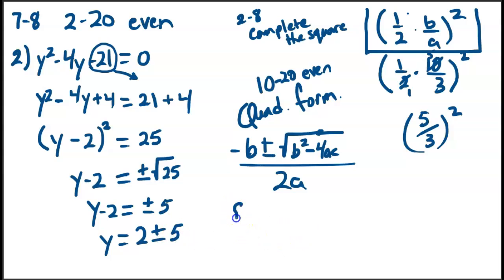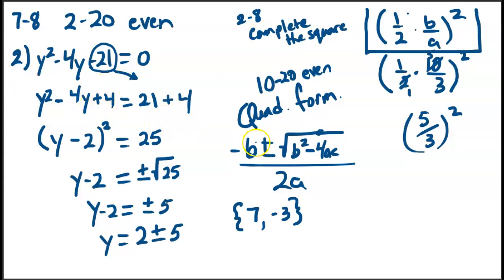So that means my solution set is 7 if it's 2 plus 5, or -3 if it's 2 minus 5. And let's see how we did. I'm looking at the answer key, number 2. Hey, we got it. All right, so that's the simple process there.